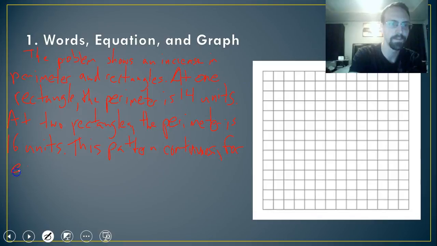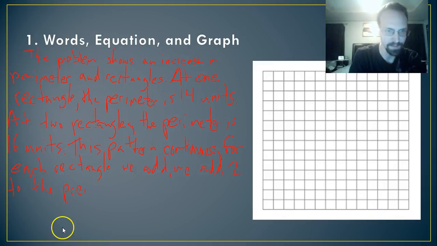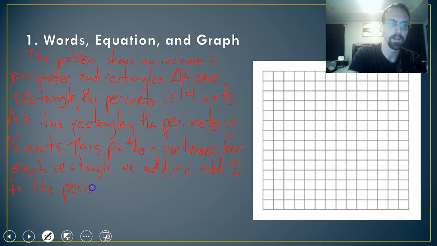For each rectangle we add 2 to the perimeter. It's really hard to write with your finger. Perimeter. All right, now I need a conclusion.